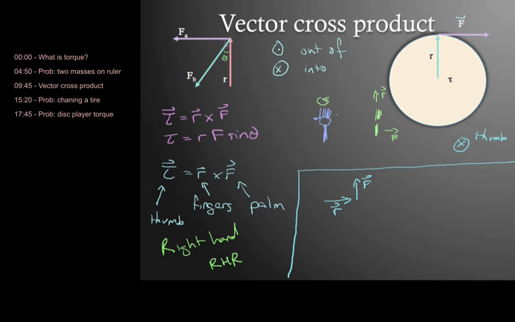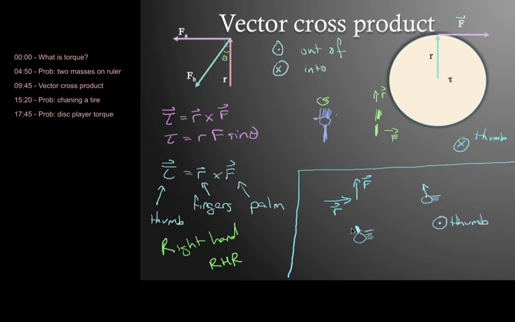So for this, I'm going to stick my fingers in this direction, and here's my hand, and my palm right now is sticking this way. And now I need to rotate it so that my palm points up. So here are my fingers, and now my palm is pointing this way. So my thumb is pointing out of the screen.